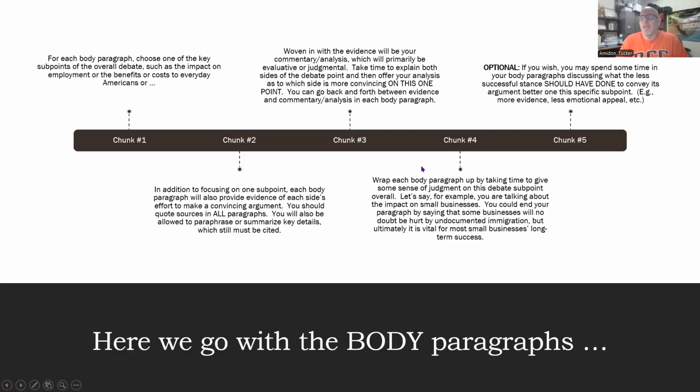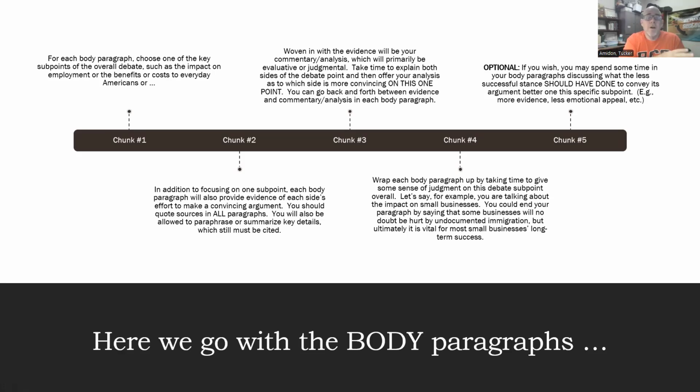Again, on this one point, they may win this quarter, this inning, this round, but they haven't necessarily won the game, the match, or the fight yet. So keep that in mind. It is possible for you to say, ultimately, undocumented immigration is vital, but yes, it does cause some harm.